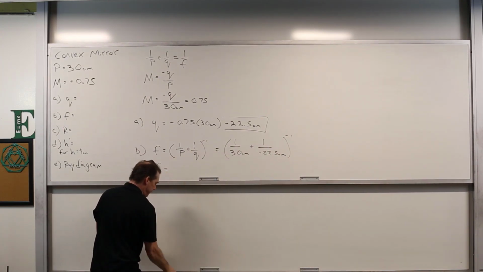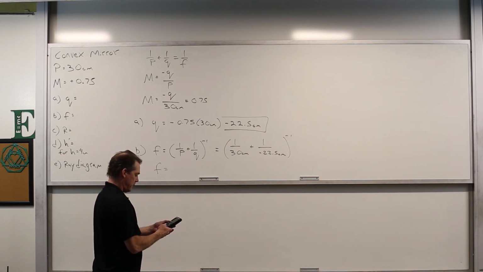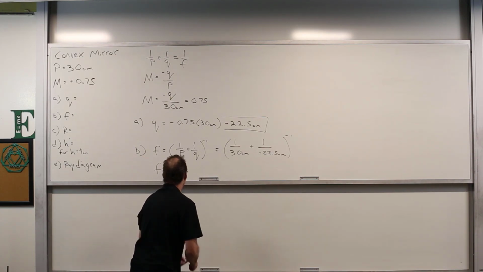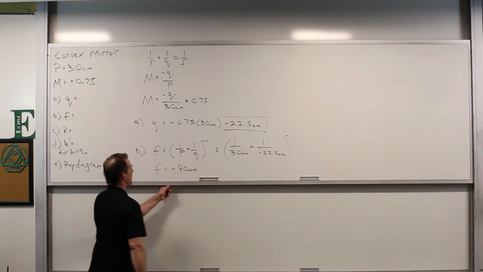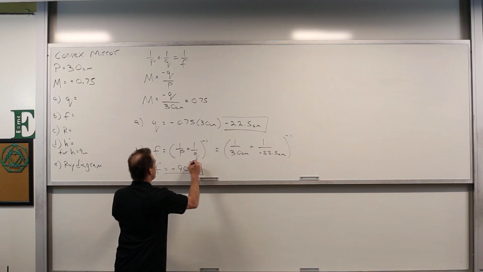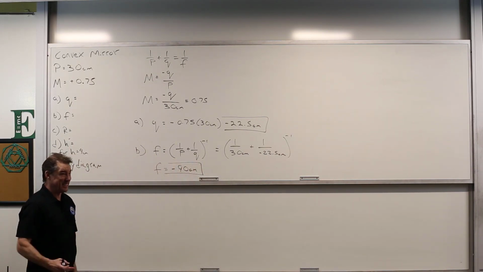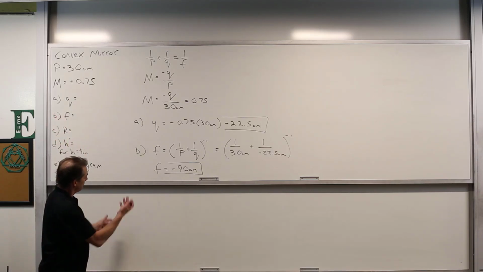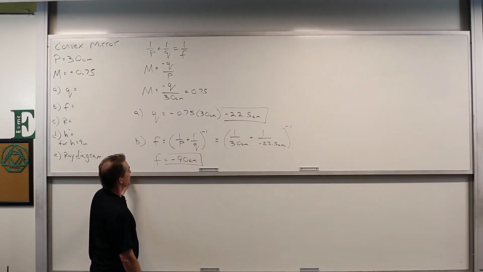That gives us F equal to negative 90 centimeters. Pretty big focal length. Notice it came out to be negative. Negative is telling us this is a convex mirror. That's something we already knew, but we get a reiteration of that.